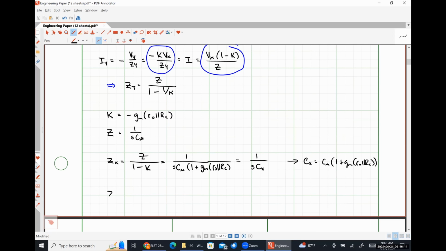If we look at ZY, we're going to have Z over 1 minus 1 over K. So that's going to be 1 over SC mu times 1 plus 1 over GM R naught in parallel with RC.